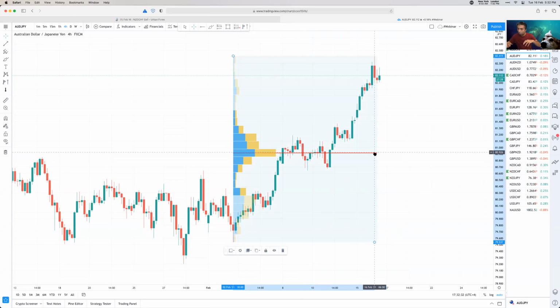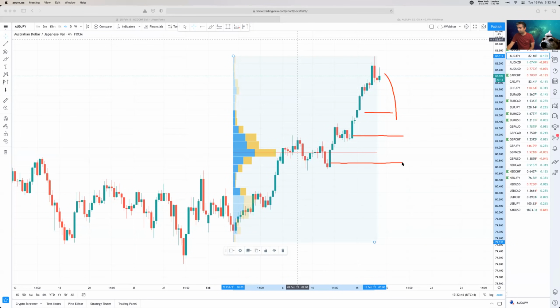Remember, if we go down, we don't want to go through the candles. So there's action here, and there's action here. Volume shows there's high level activity in that area, that cluster there.